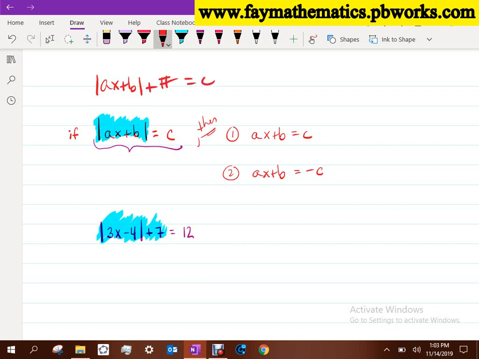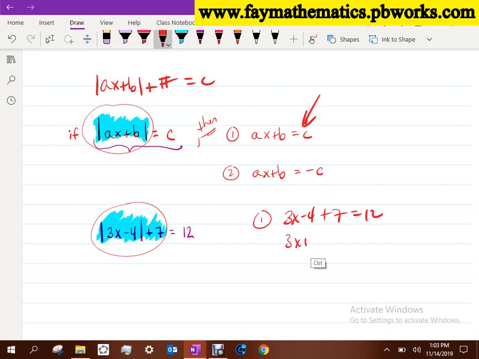Does that make sense? So this does not match that. So I can't do this yet. So I cannot make two equations. I cannot go 3x minus 4 plus 7 is equal to 12 and 3x minus 4 plus 7 equals negative 12. That would not be true. Does that make sense? Because these two things over here do not match yet.